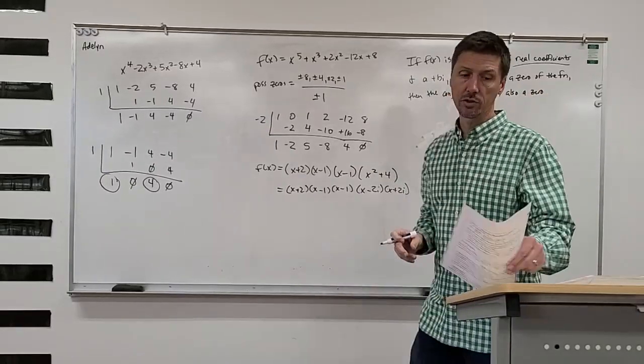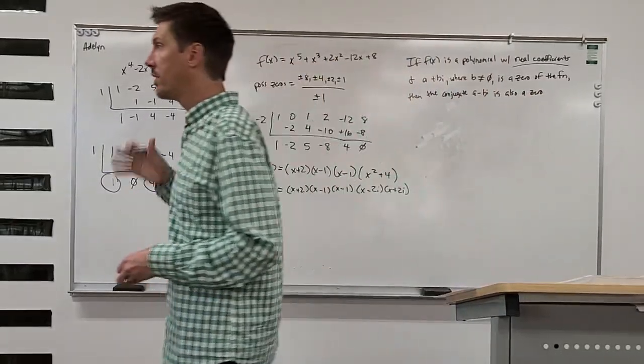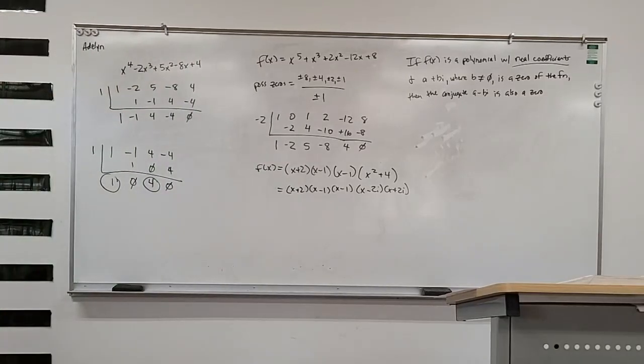So if you know for sure that there's an imaginary number that is a 0 of your polynomial, then you know that the conjugate of that imaginary number is also a 0. Okay?